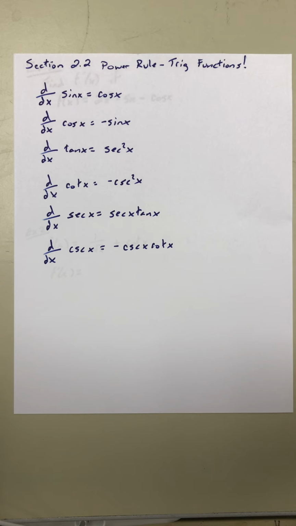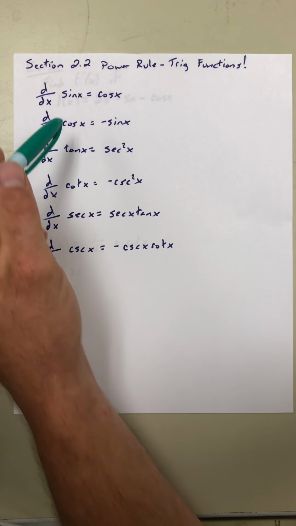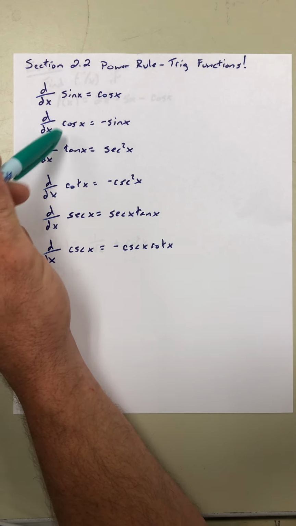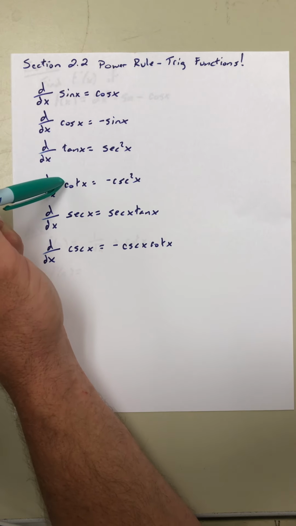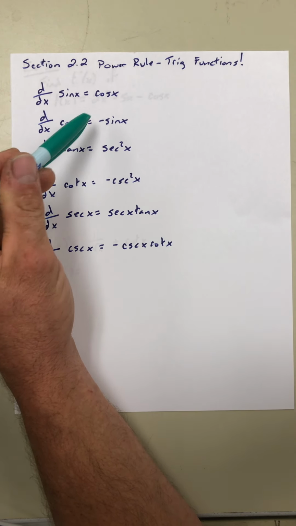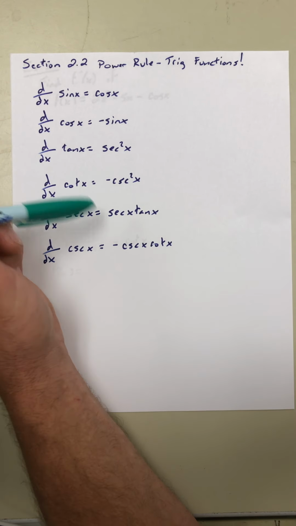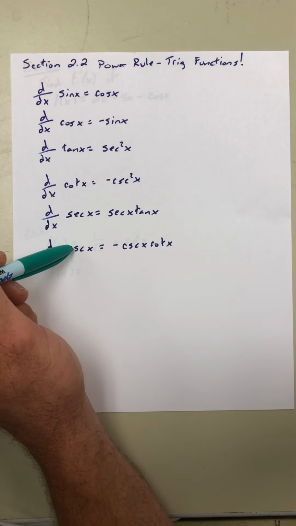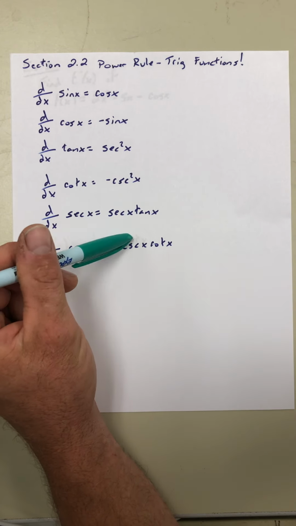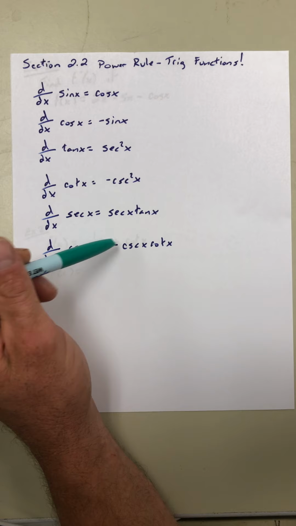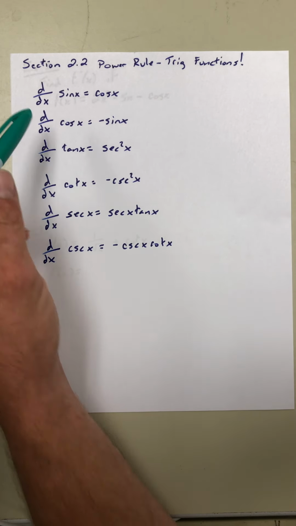There are a couple of things you can look at, especially if it's a multiple choice question. One, if our trig function starts with a c and we're taking the derivative of it, we're going to end with a negative value. Secant and cosecant are the only ones with two terms, and secant has secant in it, cosecant has cosecant in it.